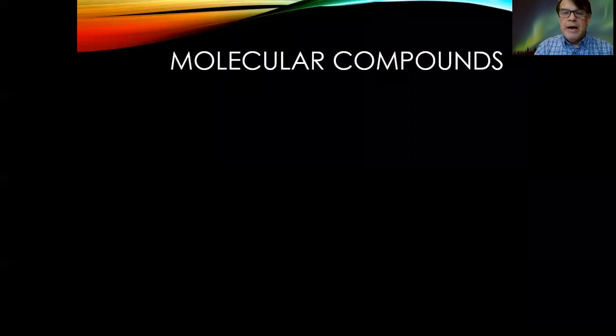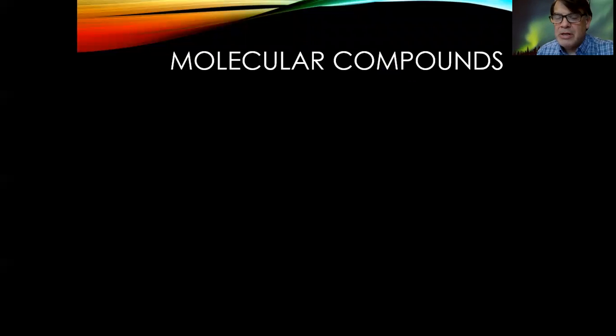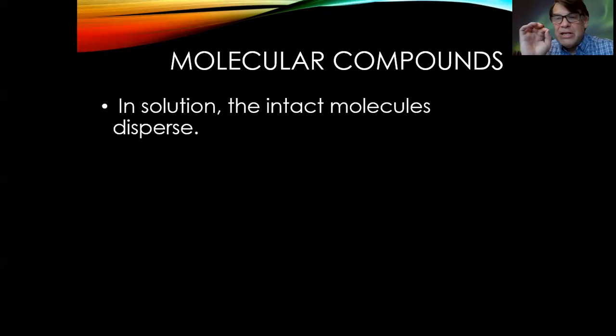Okay. So we've been talking about ionic compounds. Ionic compounds are compounds where you have a metal and a non-metal, and they tend to be electrolytes that completely dissociate. The sodium and the chloride have an amicable divorce, an amicable separation, and water surrounds each one of them. Molecular compounds do not break apart like that in general.